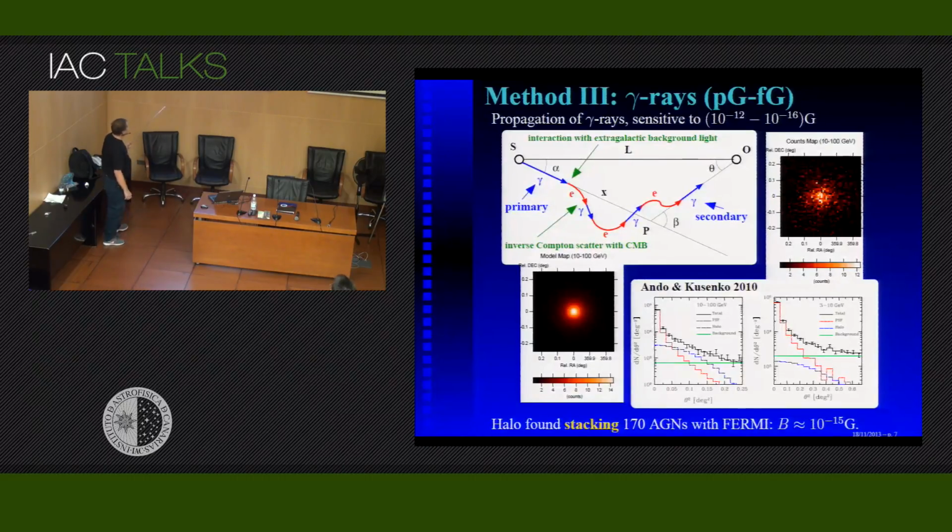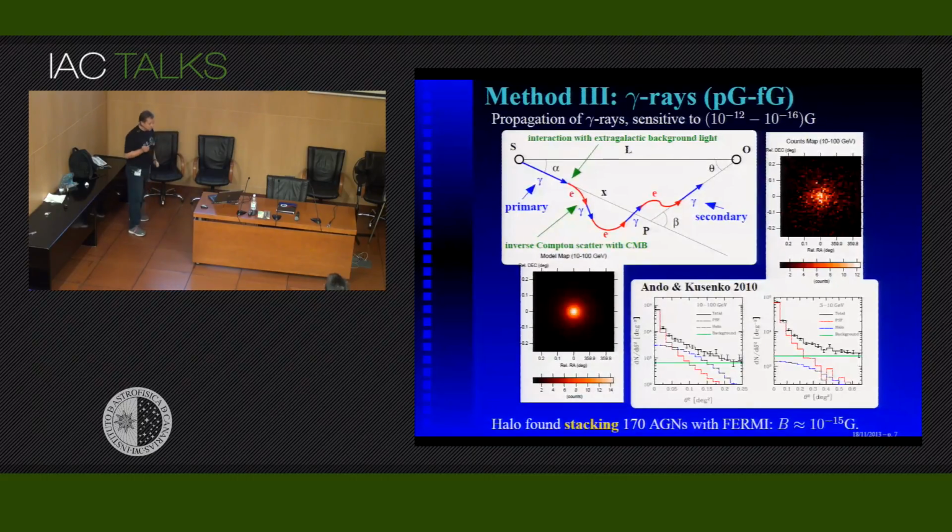And indeed, there was a very interesting result claimed, namely the stacking of 170 AGNs with the Fermi instrument. You find that you get this kind of extended tails, which depend on energy. Here the claim was that the red line is the point spread function of the instrument, so you would really see an extended tail, and that would correspond to this blue halo at that energy, so you can compare a simulation to the observation.